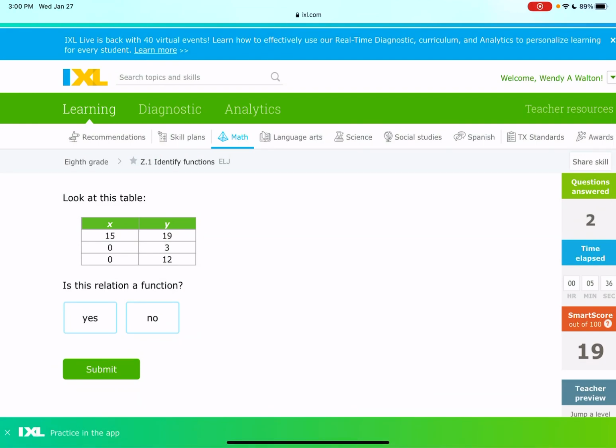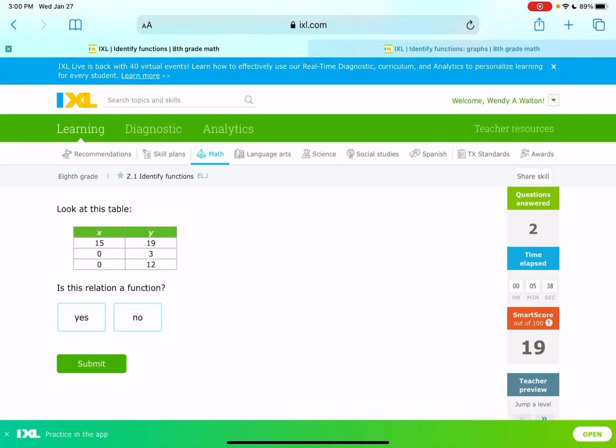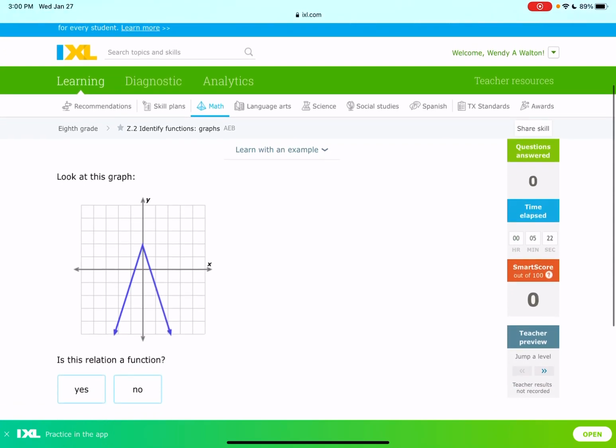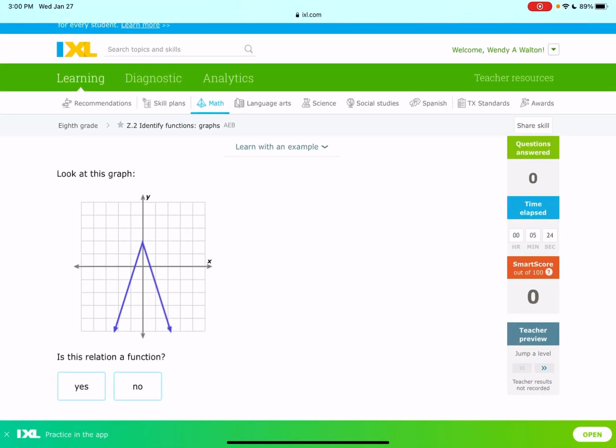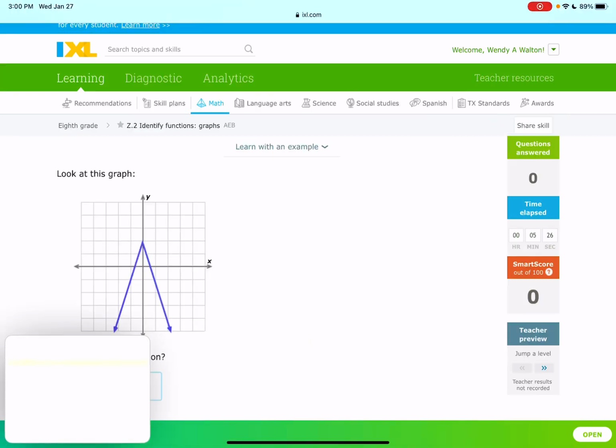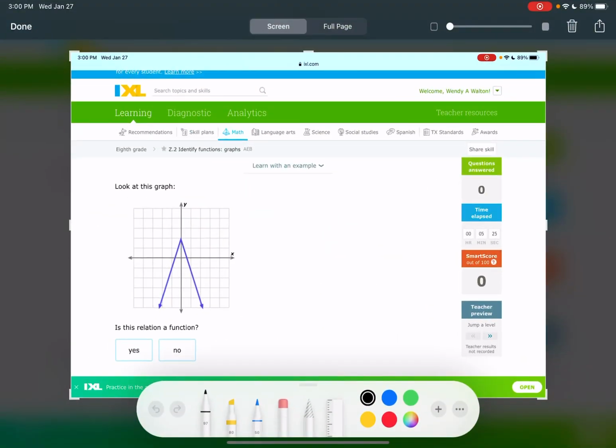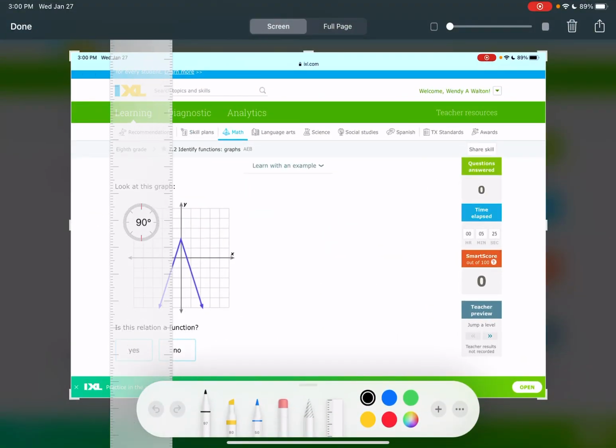Okay, and then I'm going to show one of a graph. So we already saw one originally, but this one's just going to be straight graphs. So again, this is when you use the vertical line test.